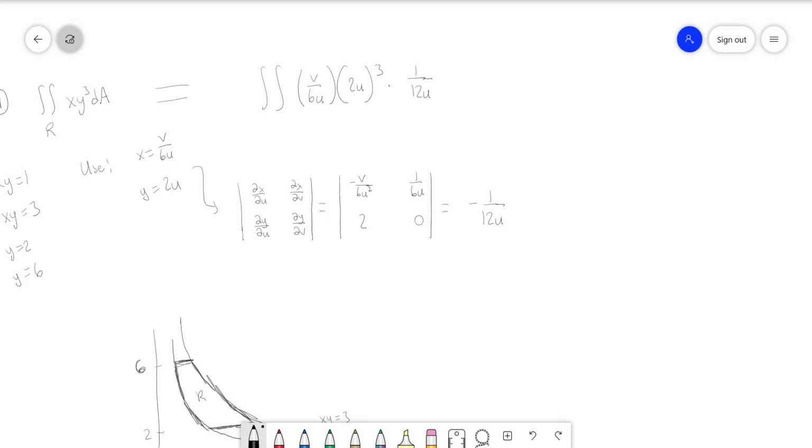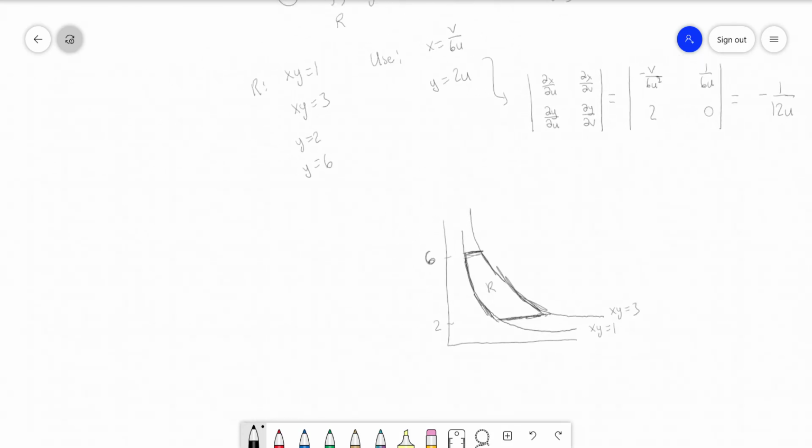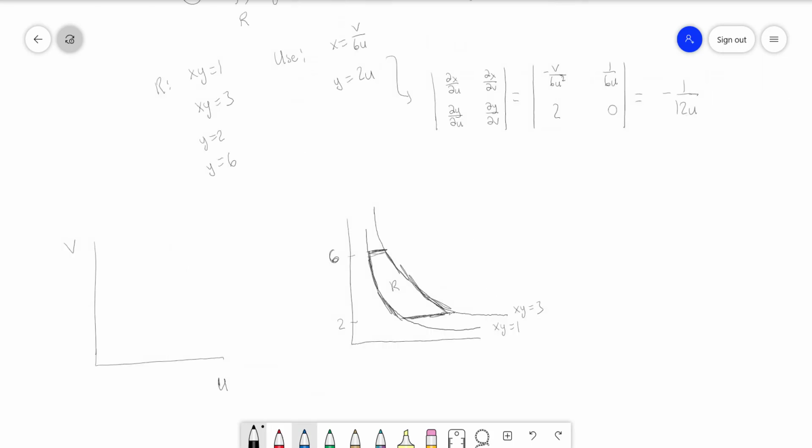But of course, we also need to figure out what the new region of integration is going to be. So I need to know what region in the UV plane is going to correspond to this region R in the XY plane. To do that, usually what I do is I try to see how the boundaries get transformed. So let me start with this part of the boundary, which was xy equals 1.